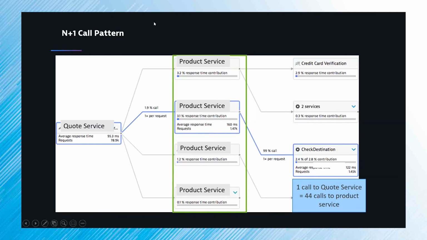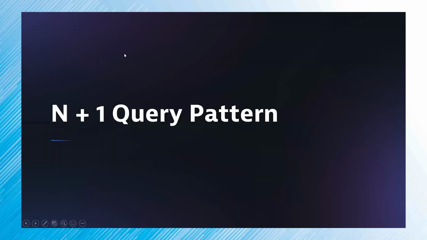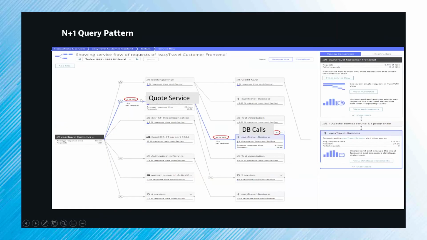So this is called an N+1 call pattern, and similar to that, N+1 query patterns, in which we call the DB object in a loop or an if condition or a statement. The problem you will always see is that your database pool threads are completely consumed when the load starts to come in. If you ask the database guys, you will realize that everything is green for them.